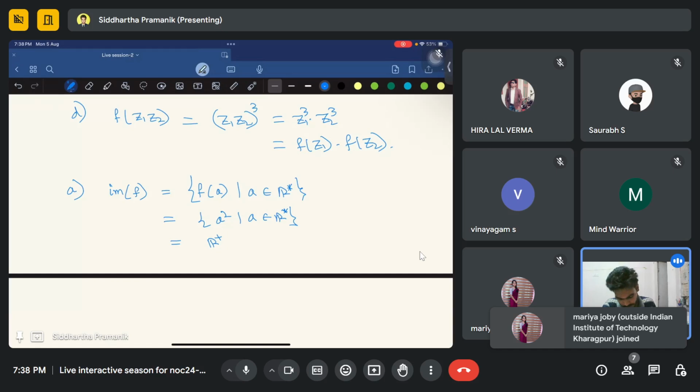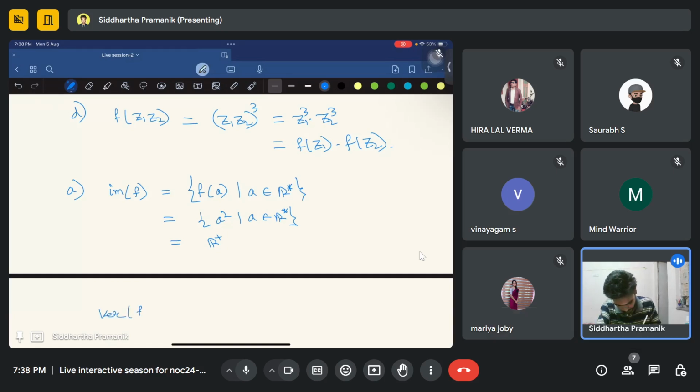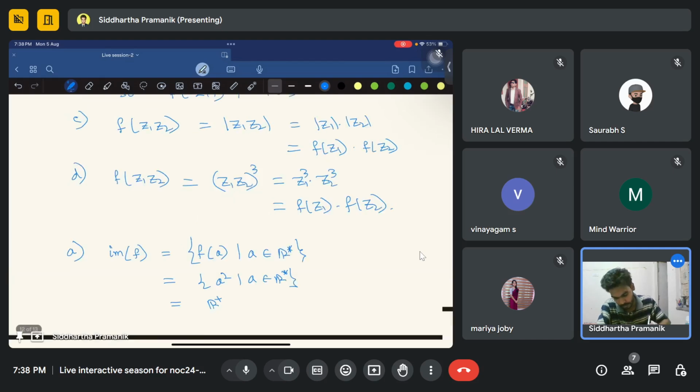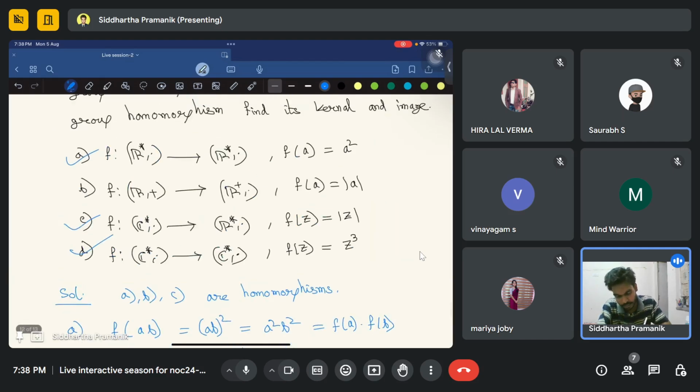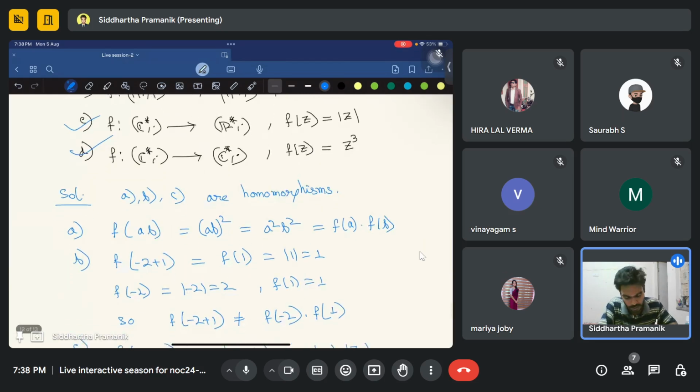And what is the kernel of this map? So kernel of f is a subset of the domain, right? So it is a belongs to R star such that f of a is equal to identity. So in first case the identity element is 1 because it is with respect to multiplication.